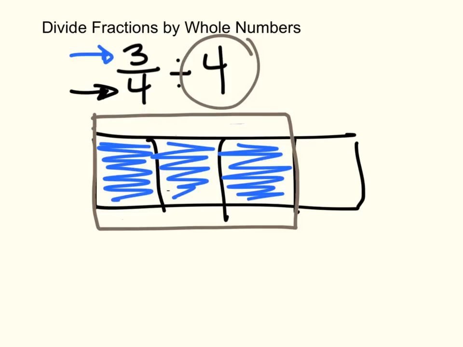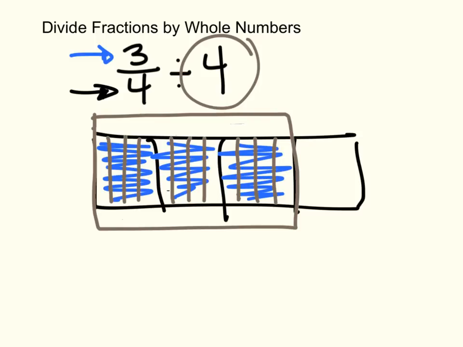The easiest approach here is if I take each of these fourths and I break it into fourths. Now I've taken that number and I've guaranteed that whatever value I have here is going to be divisible by 4.